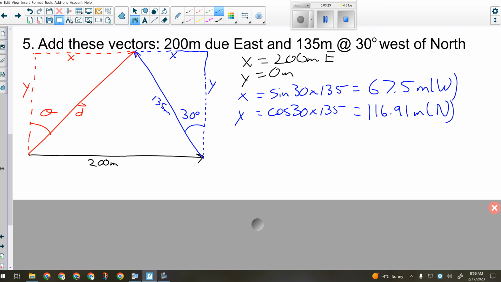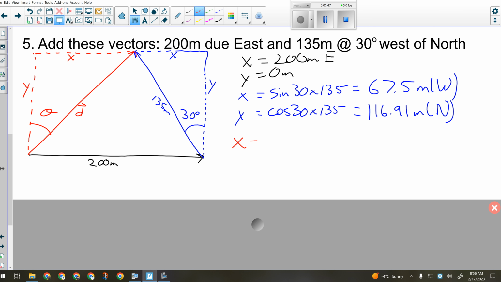Okay, so now that we've got those, what's my next step? For your x, you can go 200 minus 67.5, so you can find your red x. Yeah, exactly. I've got to get red x and red y by adding my x components and adding my y components, or subtracting, whichever.